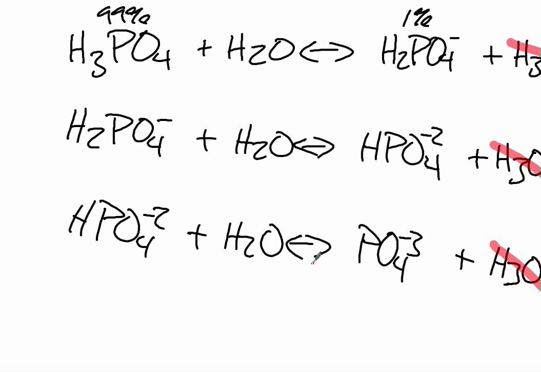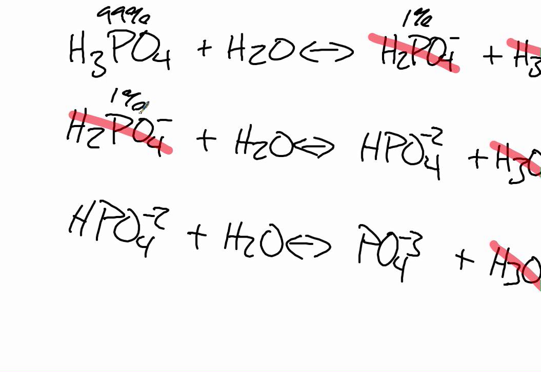But also, you do understand that before I can lose a proton from this thing, I have to have it at all. And only from that first step do I even make that dihydrogen phosphate so that I could try and lose a second proton. So only 1%, I told you, of my original solution turned into this.